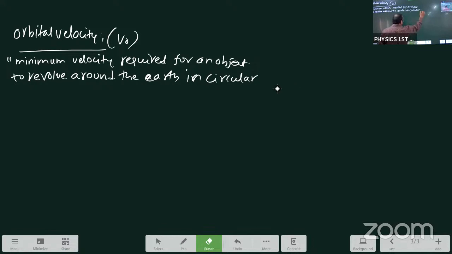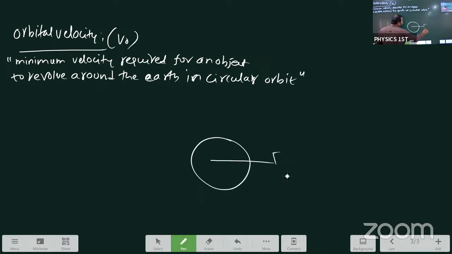If you remember, write the definition like this, but this one is very simple. What does the definition mean? This is the satellite: minimum horizontal velocity. Remember the word horizontal.